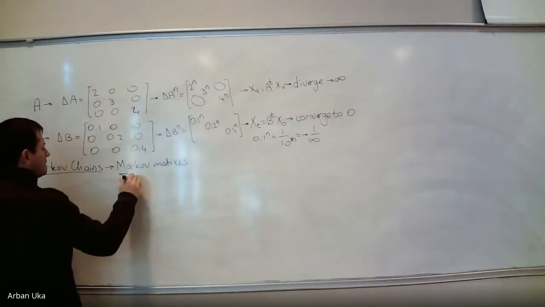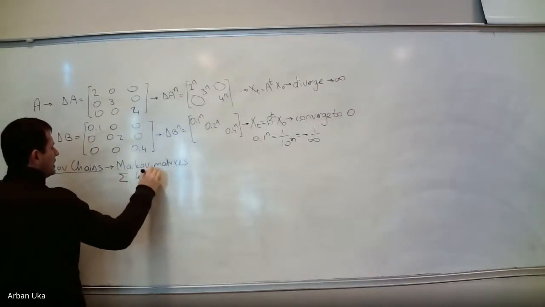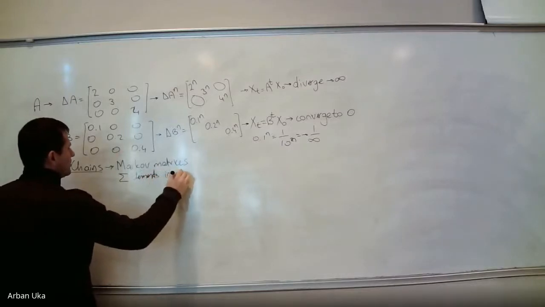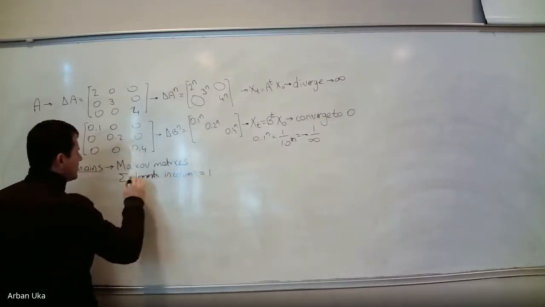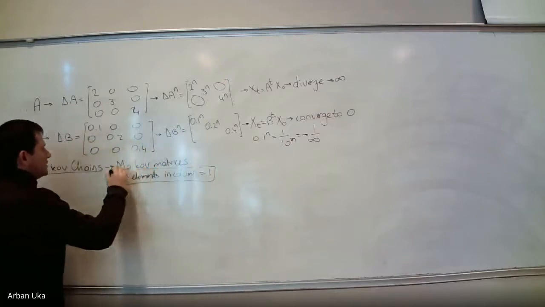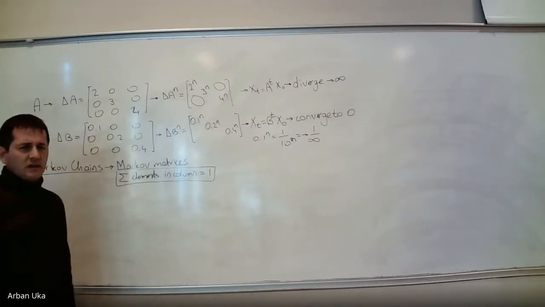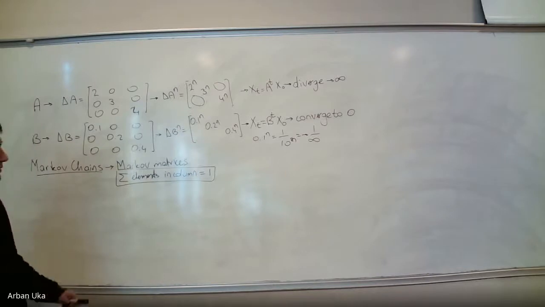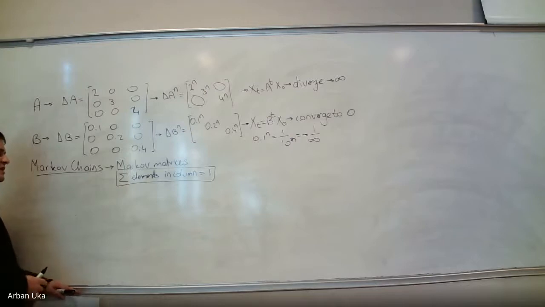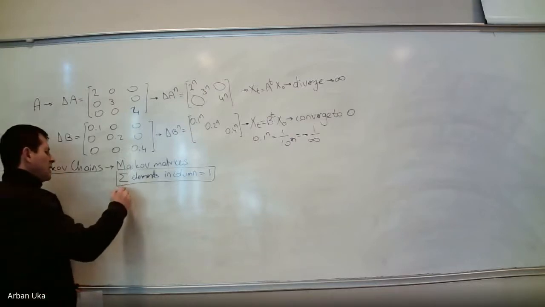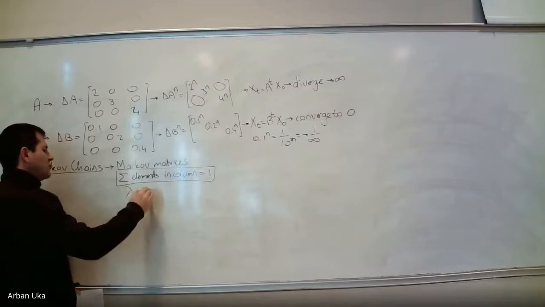So the sum of elements in a column is equal to 1. If the sum of the elements in each column is 1, then there is another property which we can talk about later, but let's give the complete picture. In Markov matrices, where column elements sum to 1, one of the eigenvalues is equal to 1.